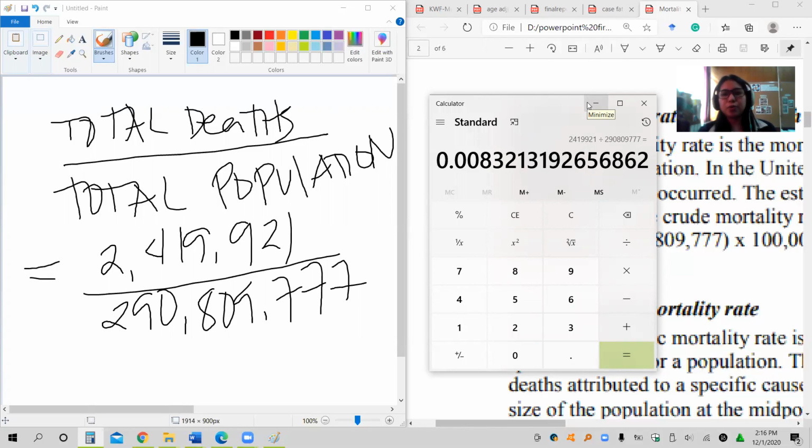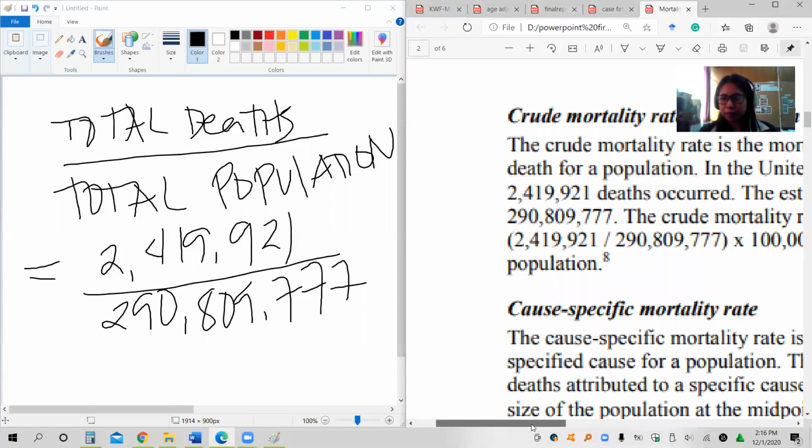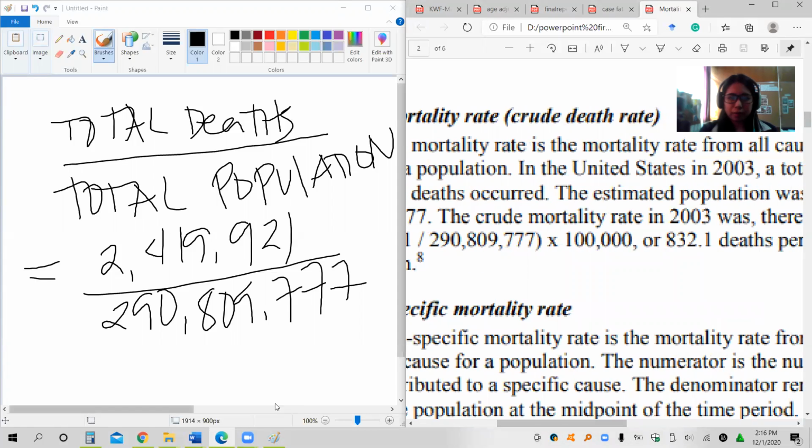So the reason why we need to multiply this by 100,000 is because it's difficult to get a picture of a 0.0083. So instead of dealing with that decimal, we are going to multiply it by 100,000. And the answer is 832.13. So let us place that here.